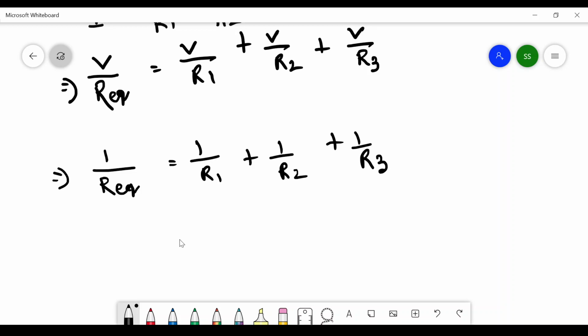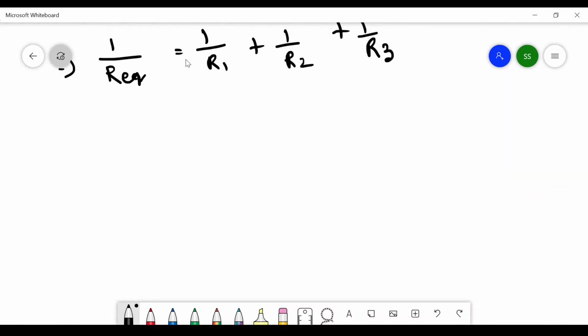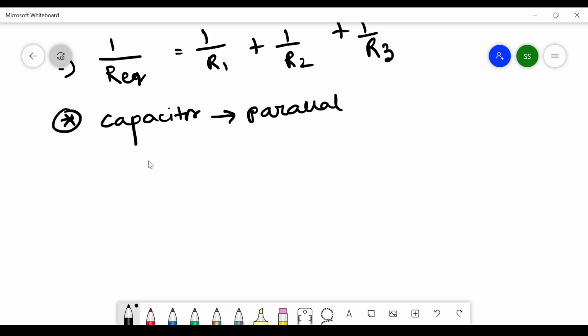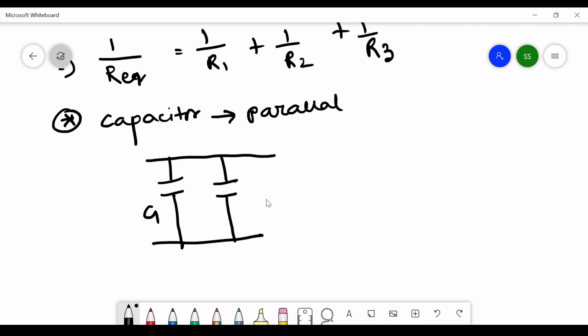Now the next element is the capacitor, the parallel connection of capacitors. Again two parallel lines are there and two capacitors are connected in parallel. Let's say this is C1, this is C2.